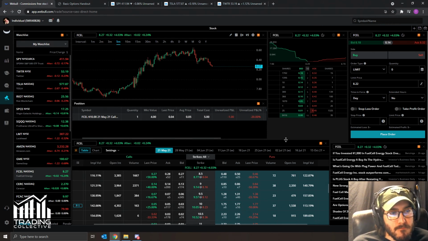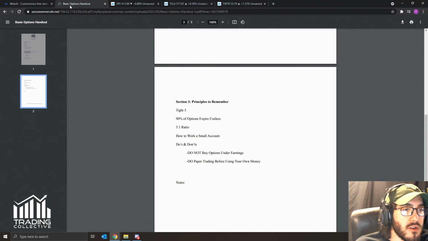It's going to be the same mental or actual stop losses, and you're looking for the same percentages for your average returns. That's just scaling, and that's working a small account. And with Webull, this cash settles overnight, so you're not having to wait for anything, and there are no PDT rules, so it's a pretty beautiful thing.